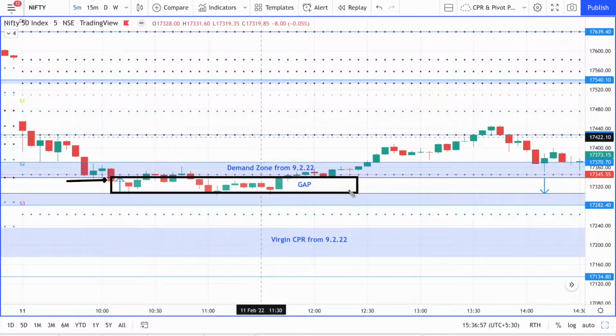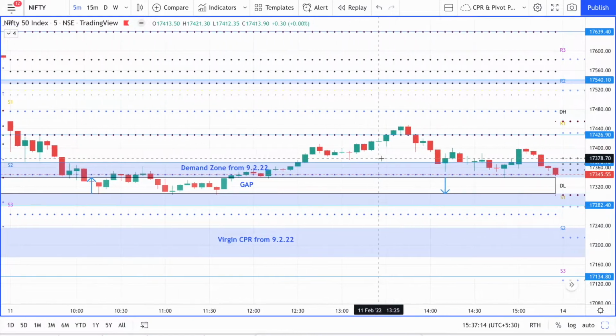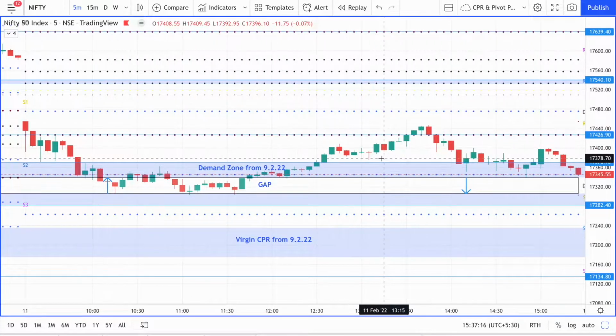By that time it was pretty obvious that the gap here was going to be filled. This was the gap. I've written here gap. If you are watching my videos daily and taking those images from Twitter, you will know that I had marked a gap since yesterday, and markets don't like gaps. Sooner or later, more sooner than later, they are filled. And then the day kept going in a single range today.